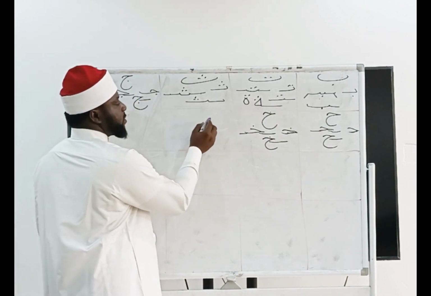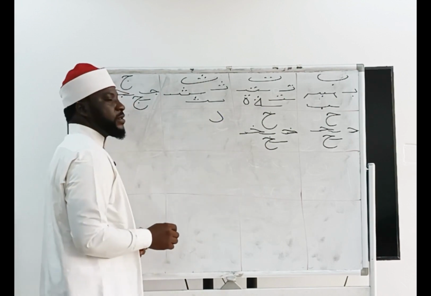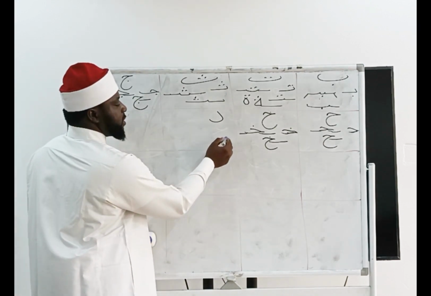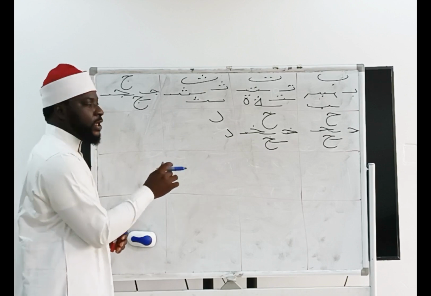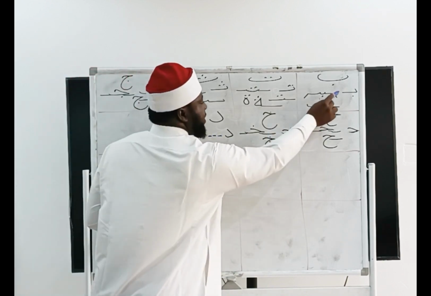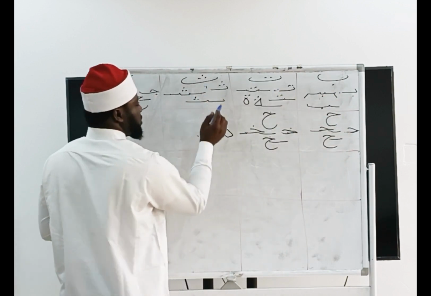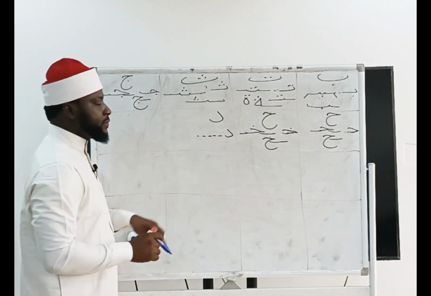And this is Dal. Dal doesn't stay in the middle. This is Dal at the beginning. It stands alone at the beginning. There's no alphabet that will join with it. Just like other alphabets that can join together here, no, dal stands alone. It doesn't join at the beginning.